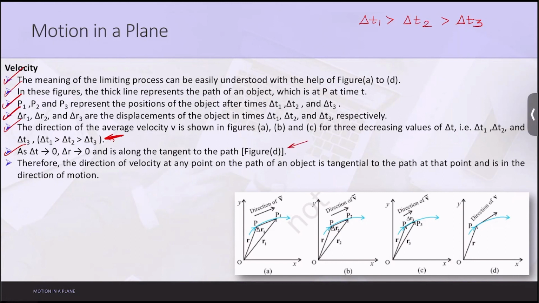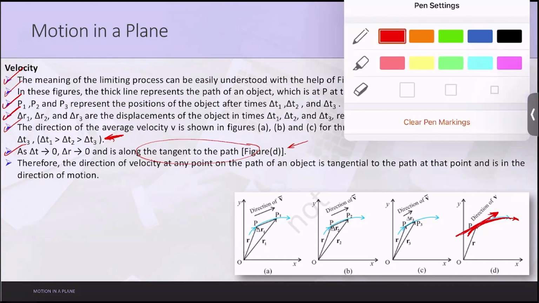So that is the main expression which we finally need to obtain, that when delta T tends to 0, the direction of this velocity is basically tangent to the path of the movement of your object. So the direction of velocity becomes tangent to the direction of the movement of the object. That is the main expression which we need to obtain.